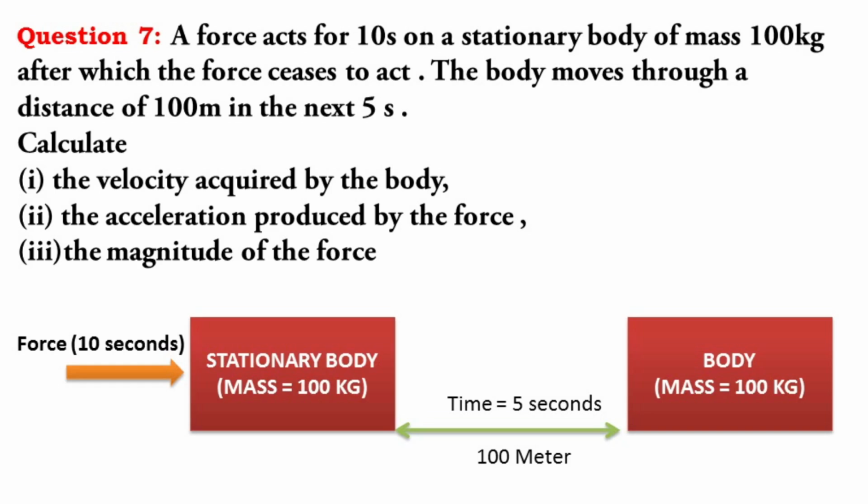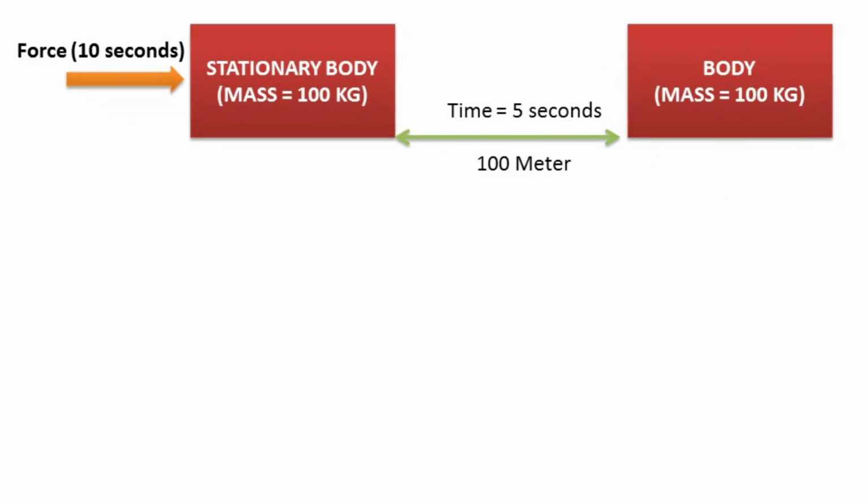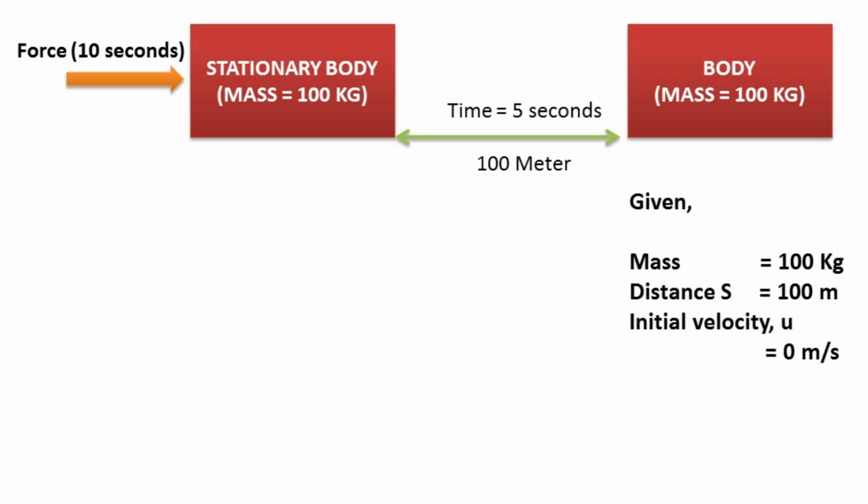Let us first write down the values that are given in the question. Given mass is equal to 100 kg. Distance moved s is equal to 100 meter. Initial velocity u is equal to 0 meter per second.